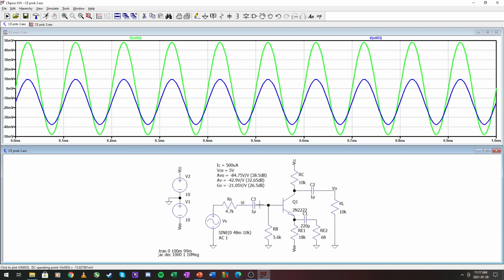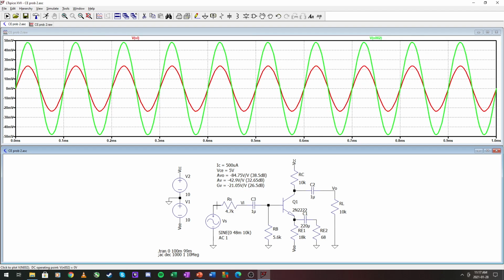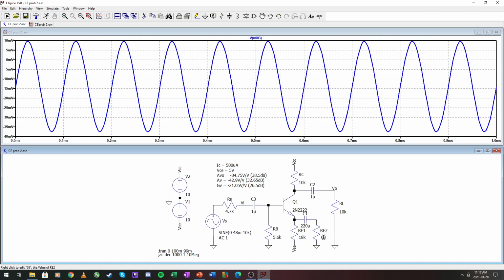So the drop going in is actually kind of large. But we have increased input range due to the emitter resistor right there.